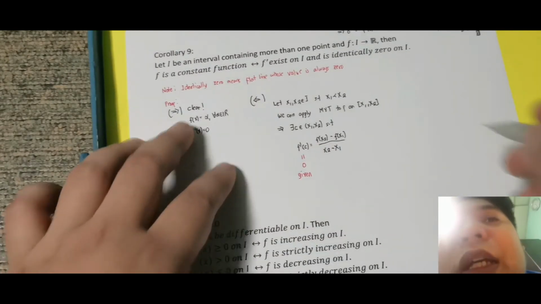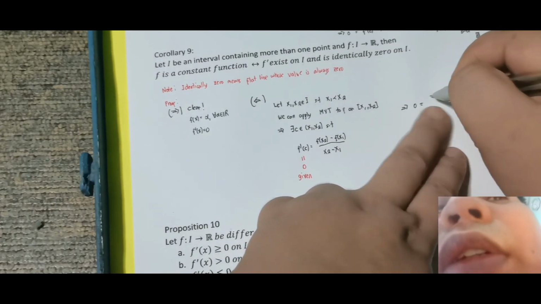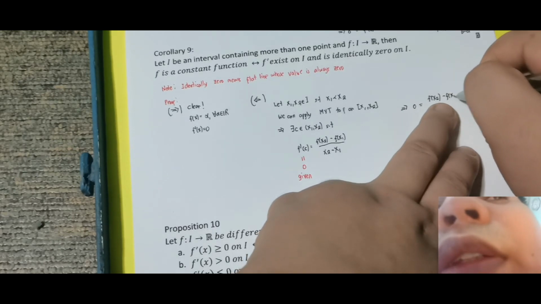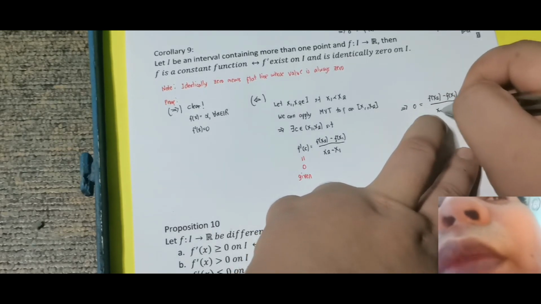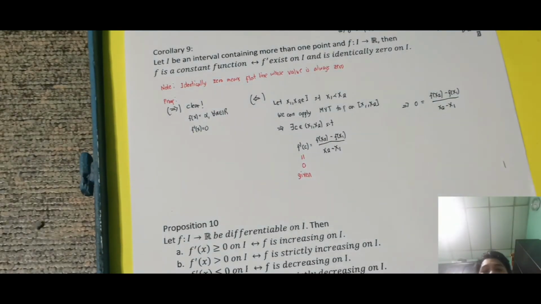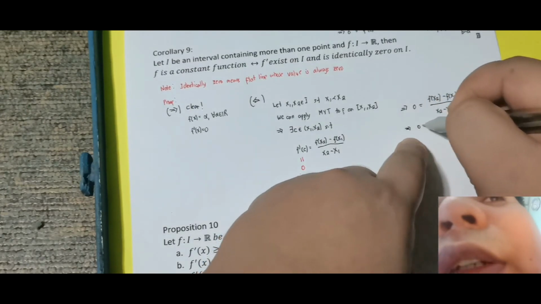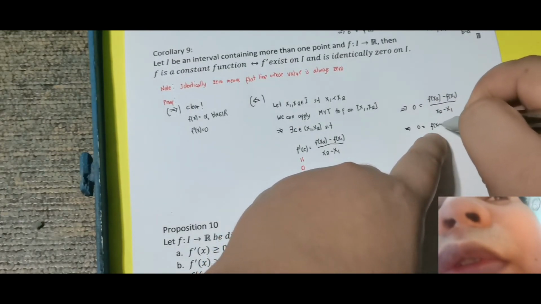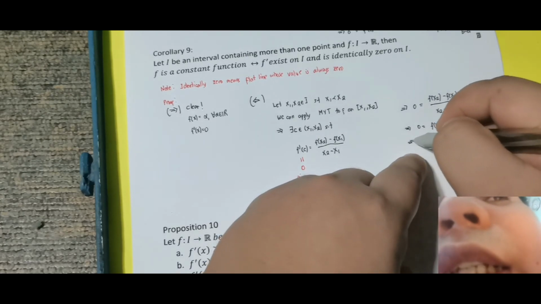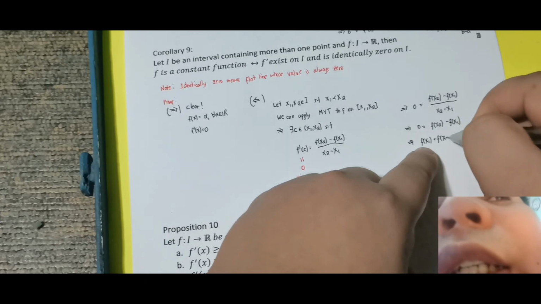So, meaning, this implies that 0 is equal to f of x sub 2 minus f of x sub 1 all over x sub 2 minus x sub 1. Okay, so since 0 siya, cross multiply natin. So this implies that 0 is equal to f of x sub 2 minus f of x sub 1, which implies that f of x sub 1 is equal to f of x sub 2.